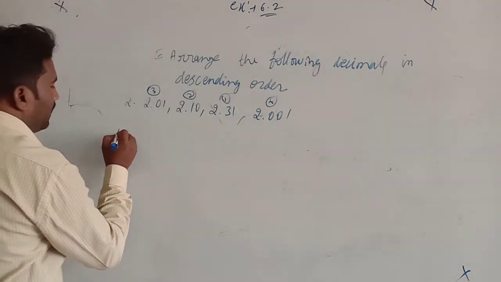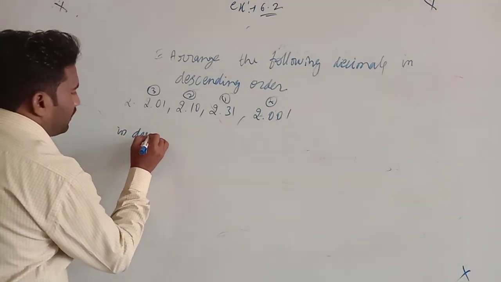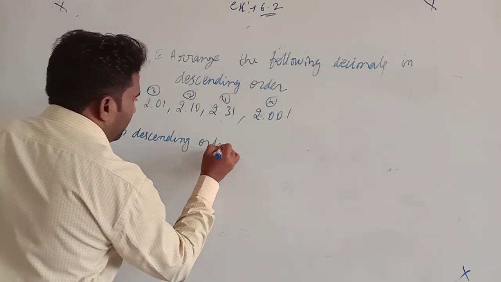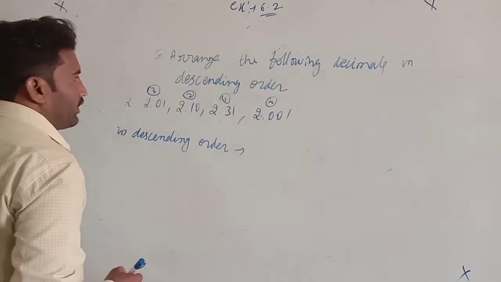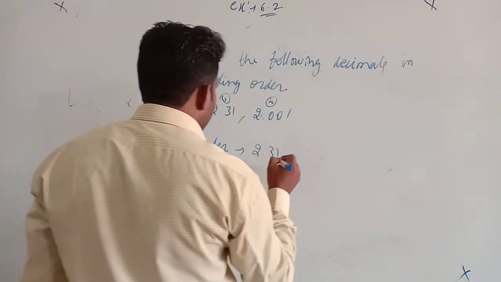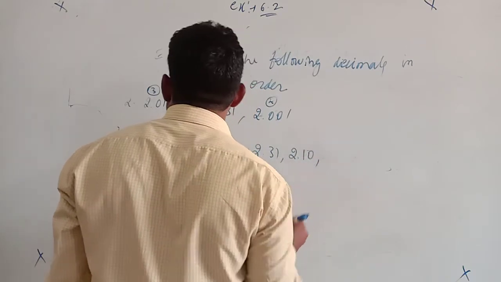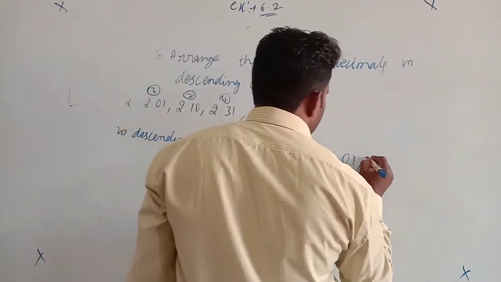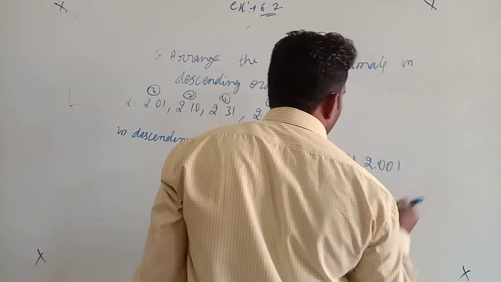So in descending order, we should write: first greatest is 2.31, second is 2.10, third is 2.01, and last is 2.001.